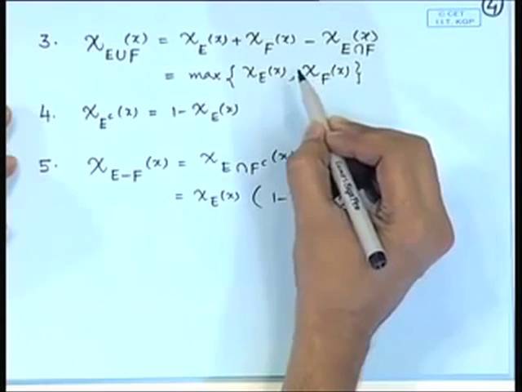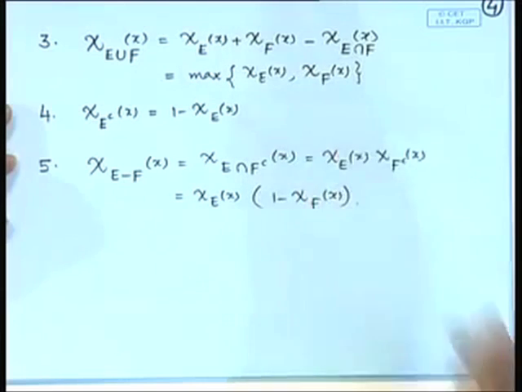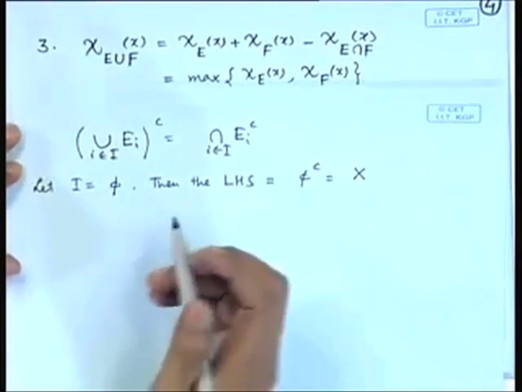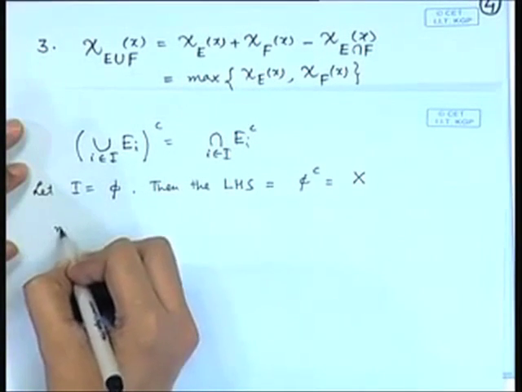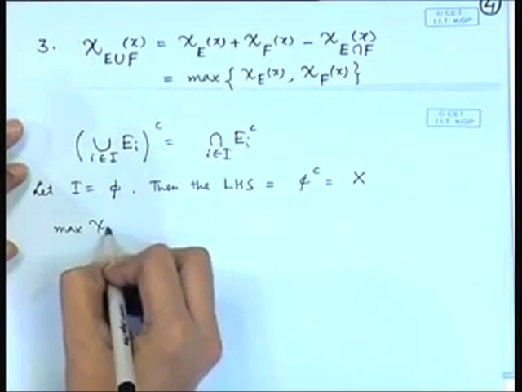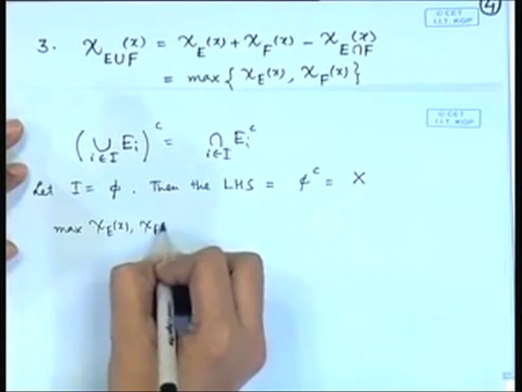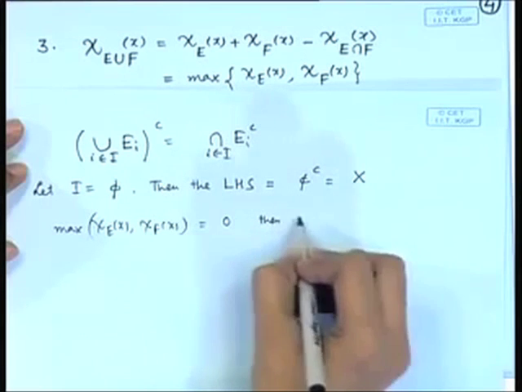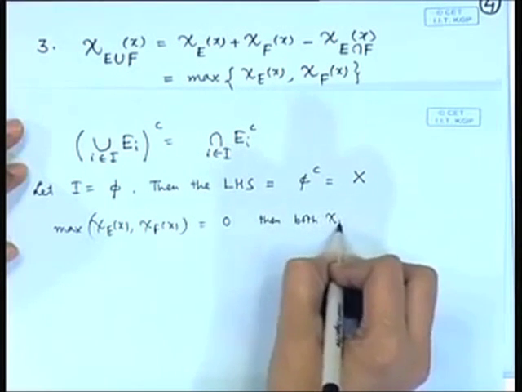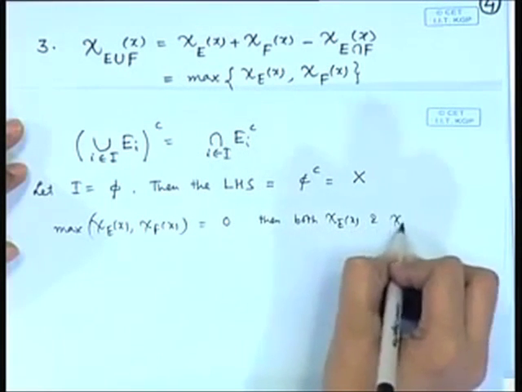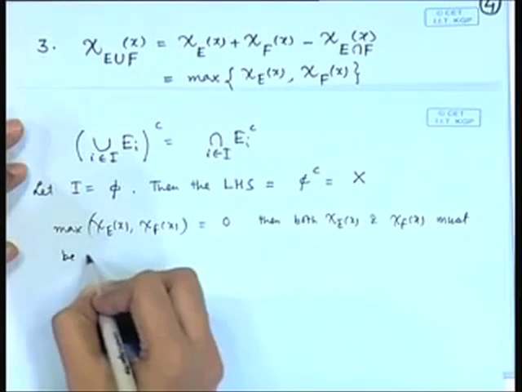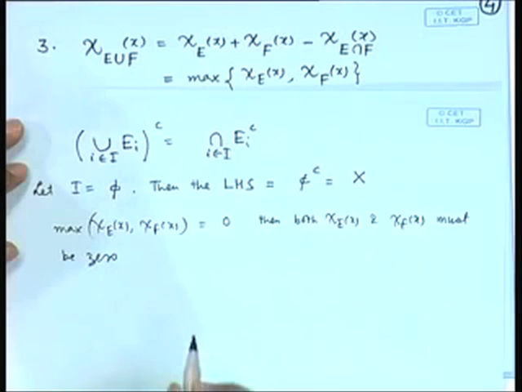Once again, to look at the proof of this, we can see that if we write the maximum of chi E x and chi F x to be, say, 0, then both chi E x and chi F x must be 0.